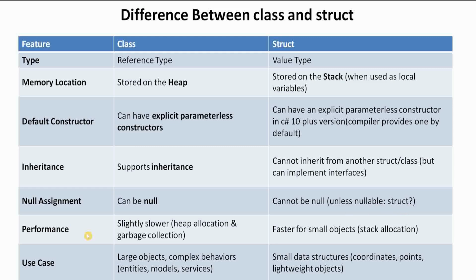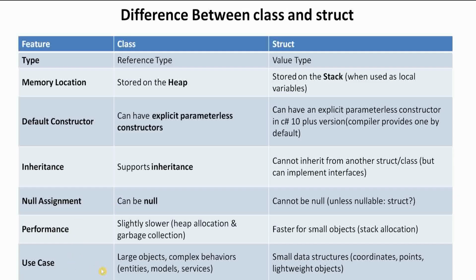So what about the performance of a class and structure? A class is slightly slower because it stores the data in heap memory, and garbage collection is also used. A structure is faster for smaller objects because of stack allocations. If we have a small amount of data, its speed is faster than class. Now the use cases.